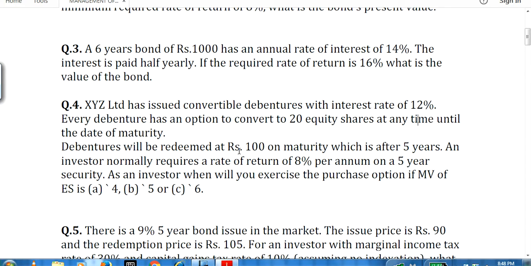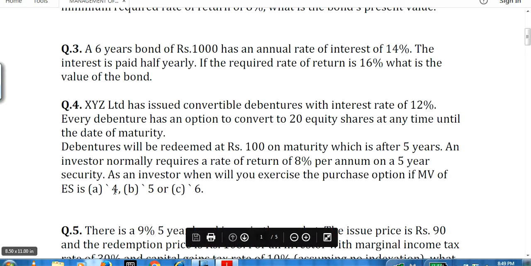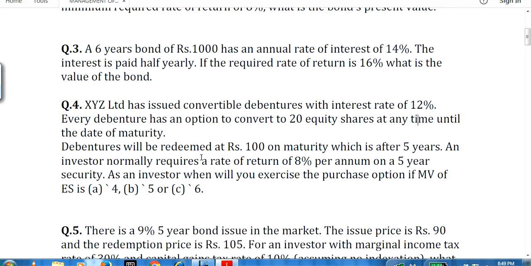Debentures will be redeemed at rupees 100 on maturity, which is after 5 years. An investor normally requires a rate of return of 8% per annum on a 5-year security. As an investor, when will you exercise the purchase option if the market value of the equity share is 4? If the market value of the equity share is more than the bond valuation, you will convert, right? Otherwise you will not convert.